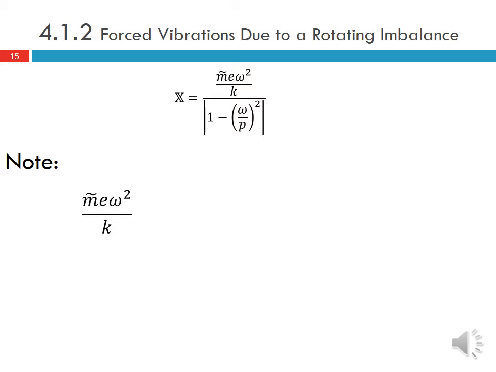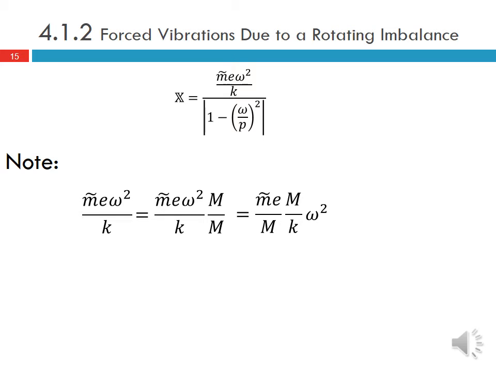So we can note that m e omega squared over k, we can multiply this top and bottom by M and rearrange this slightly. So this M over k is just 1 over p squared, the natural frequency. So this can be written as m e over M times omega over p squared.